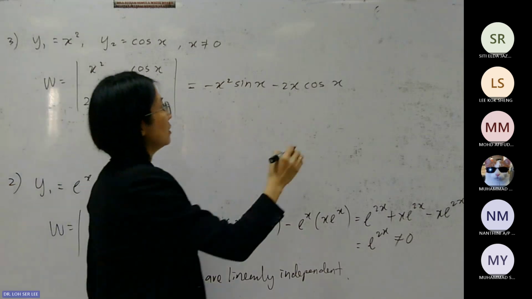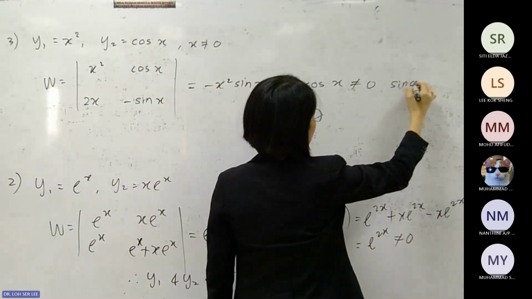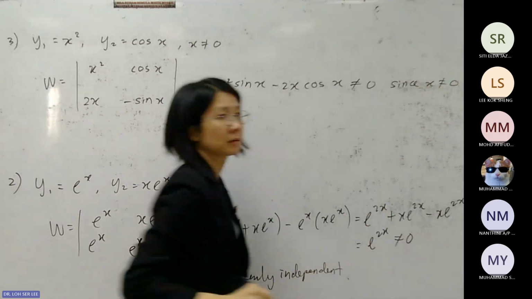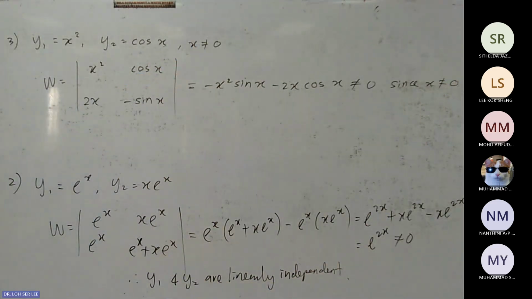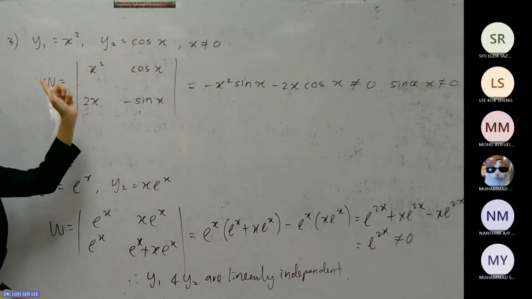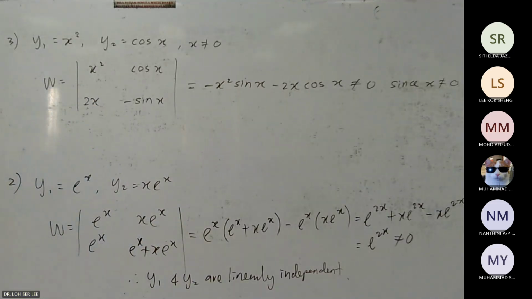And this function is not equal to 0 since x is not 0, right? This is given in the question. X is not 0 is given in the question. If x is not 0, that means you can't get 0. It will not be 0 as long as your x is not 0.